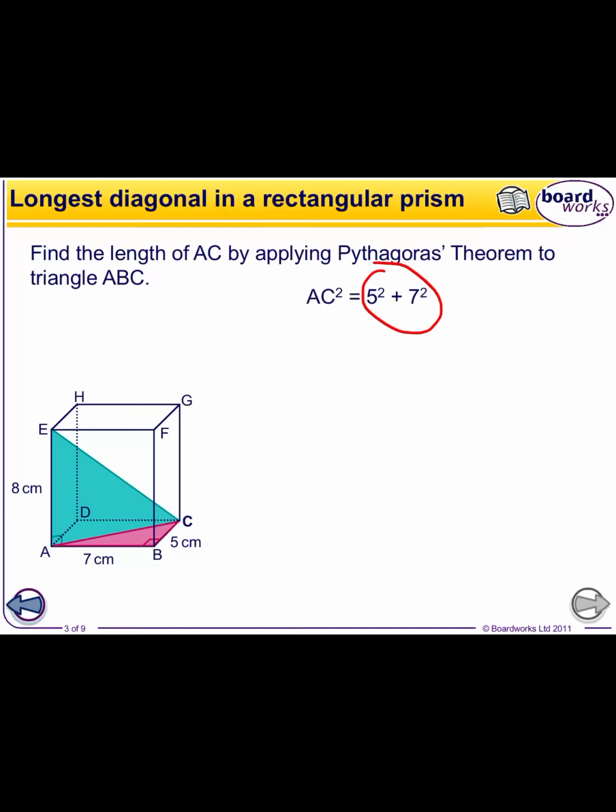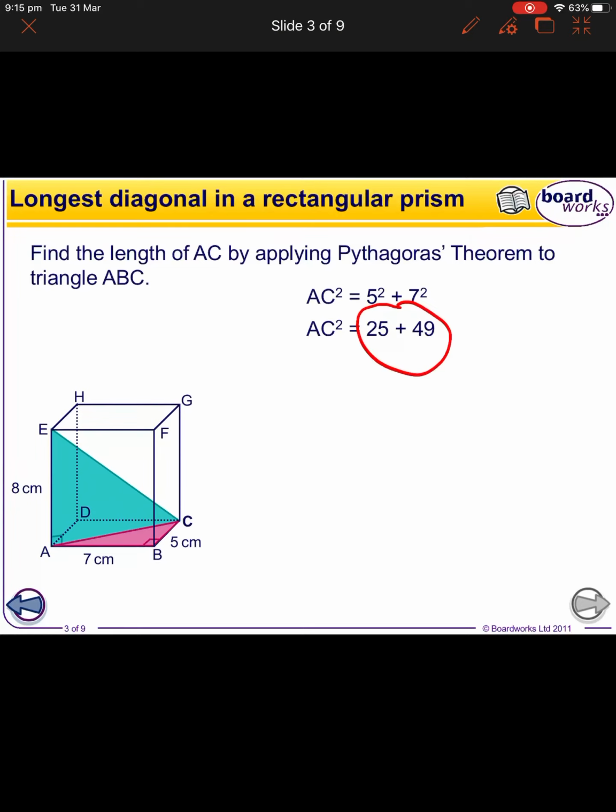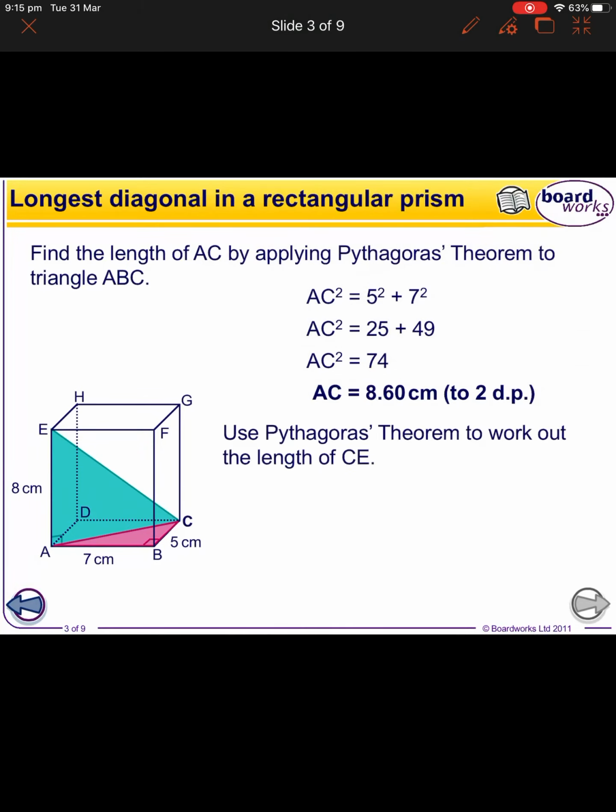So 5 squared and 7 squared to find our AC from A to C. Okay, and then 5 squared plus 7 squared equals 25 plus 49, and so AC squared equals 74. So therefore AC equals the square root of this, which is going to be about 8.60 to 2 decimal places.